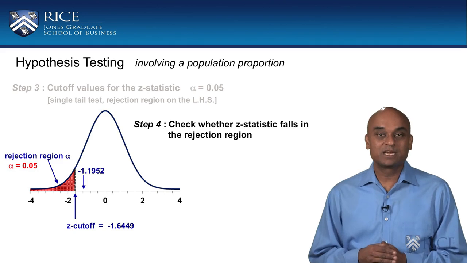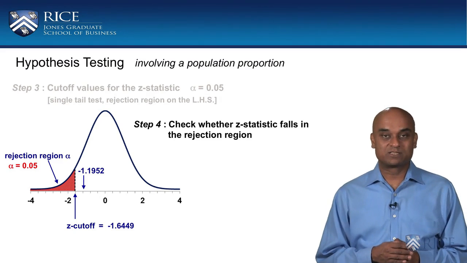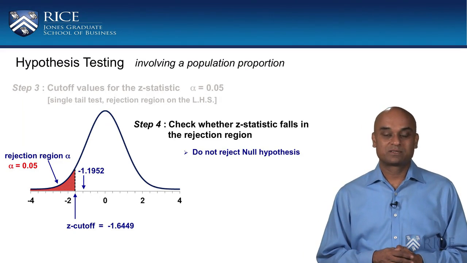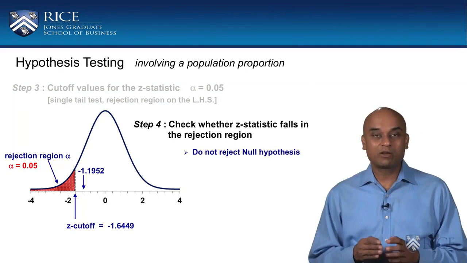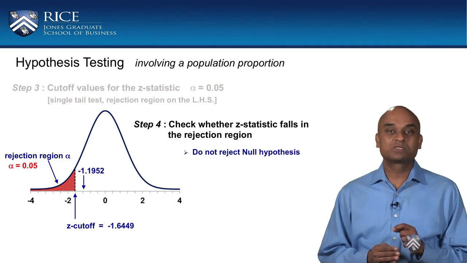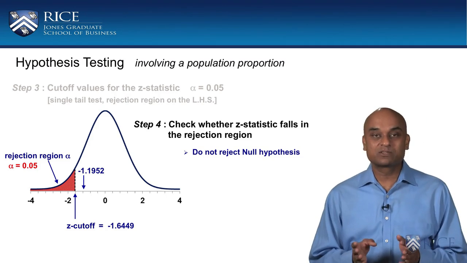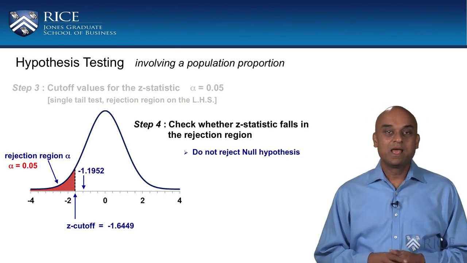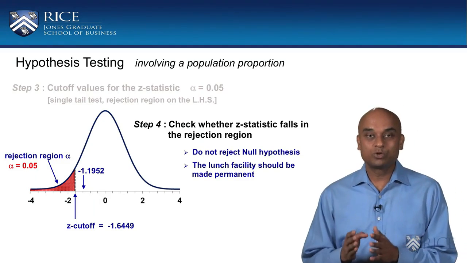The z statistic does not fall in the rejection region. Hence, we do not reject the null hypothesis. The university cannot reject the claim that more than or equal to 70% of its entire student body approves of the new lunch facility. Thus, the facility should be made permanent.